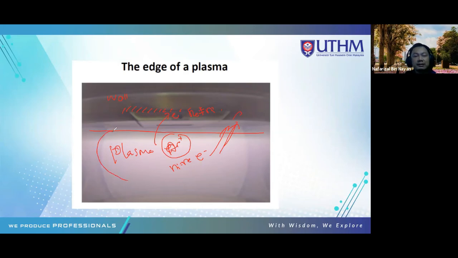So that will not happen. For the plasma, there will be a sheath region that makes sure that the plasma is sustained. So this is what we call the sheath region, to make sure the plasma is sustained. If not, you cannot sustain the plasma.